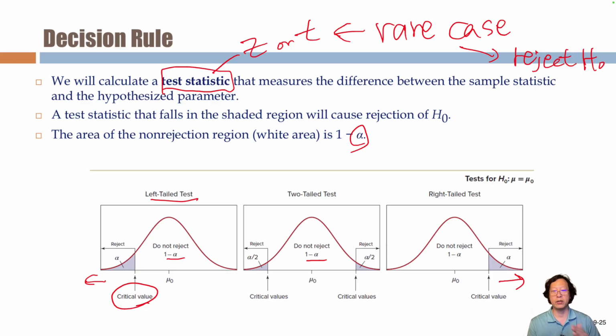It's a more rare case, and we reject because it's pretty rare to happen, which means it's not just happening by chance, because our alternative hypothesis is true.